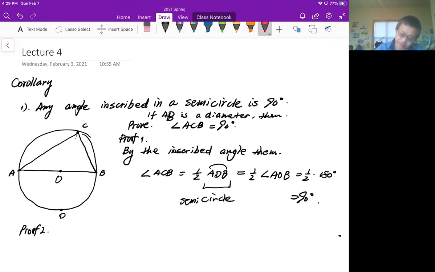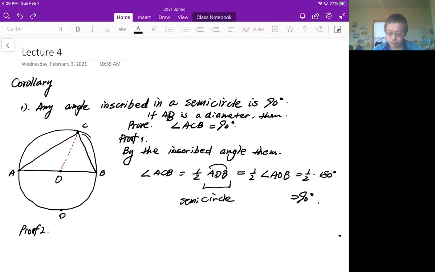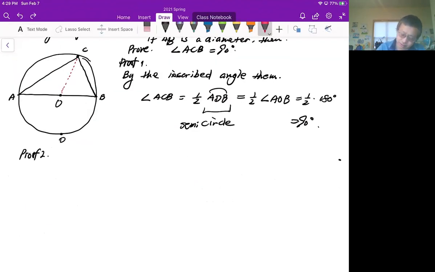I'm going to connect the OC. If I connect the OC, then according to the argument that we did last time, suppose OA equals OC, just because they are radii, right?